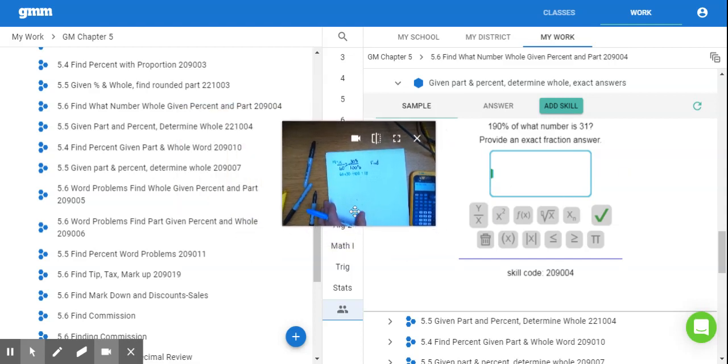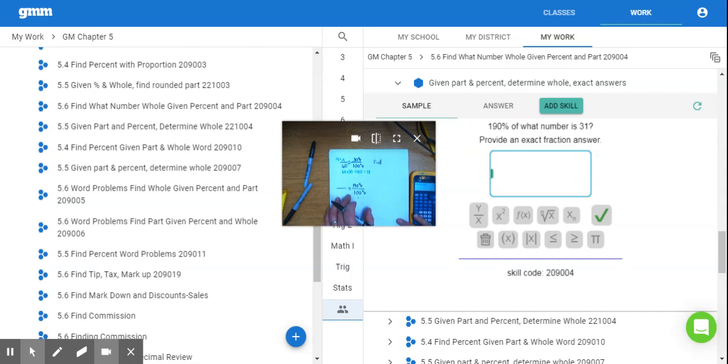Take a look at this one here. It says 190% of what number is 31. So line equals line. 100% goes right there. 190% is allowed to be on the top. That's what we're trying to find. Okay? Of what number?